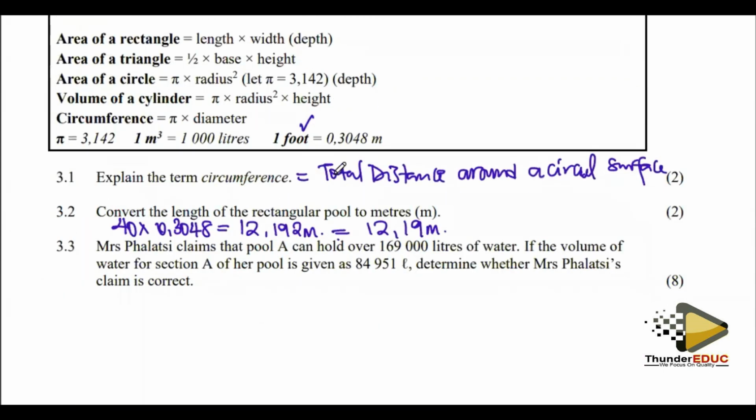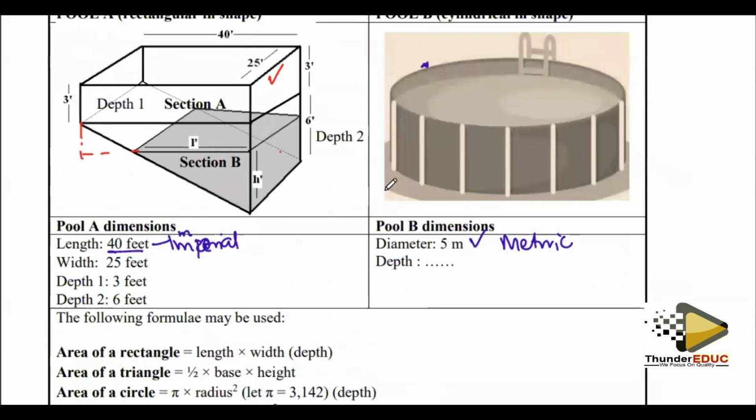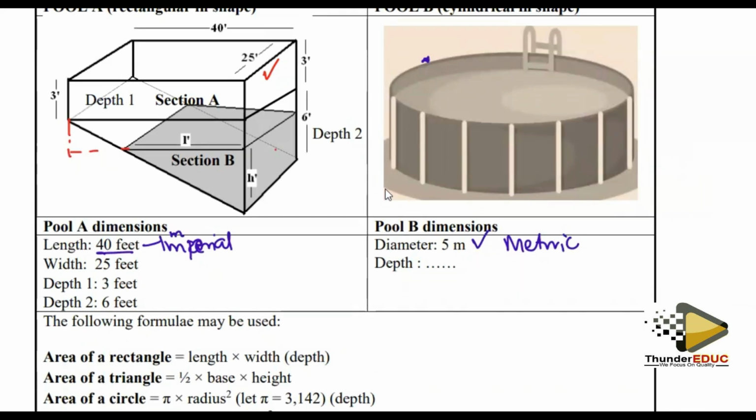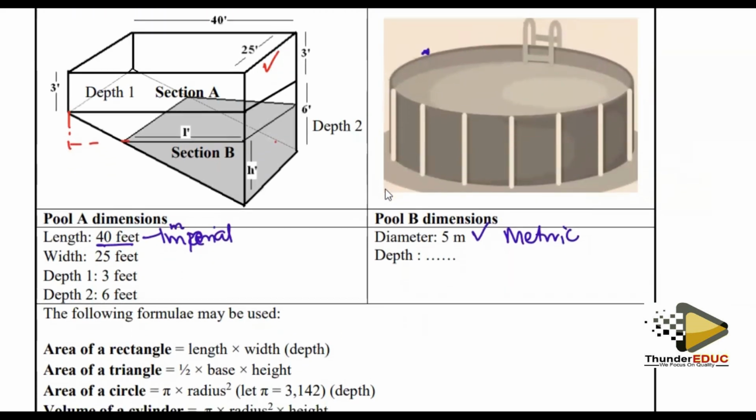They didn't give the section B volume. Section B volume will be, leave alone this. Sorry. So we shall look at section B. So section B, it will start from here. You understand?